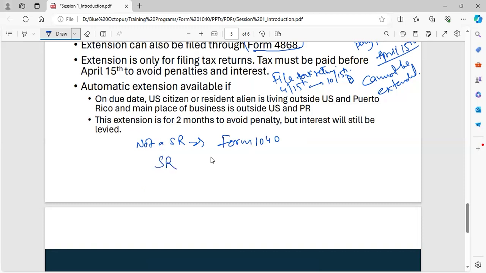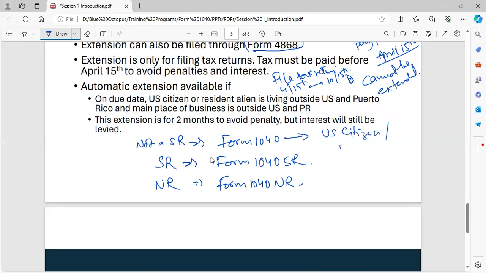If you are a senior citizen, then you will file Form 1040 SR. And if you are a non-resident alien and having some income from the US, then you will file Form 1040 NR. So these are different forms. Form 1040 is only for US citizens or residents. For non-residents, we have Form 1040 NR.